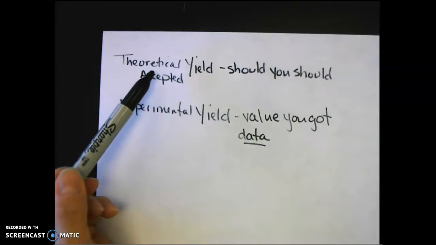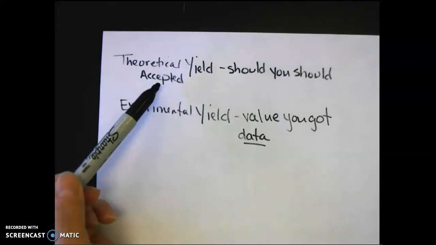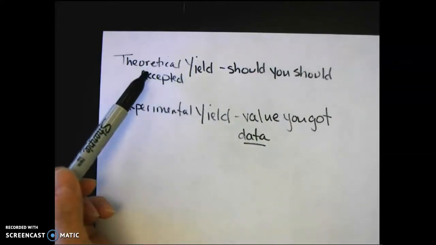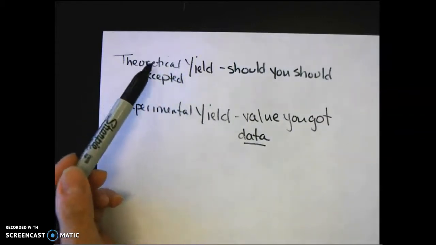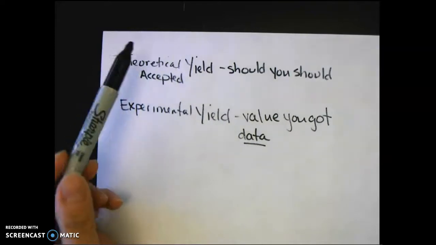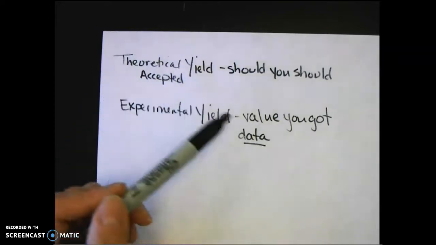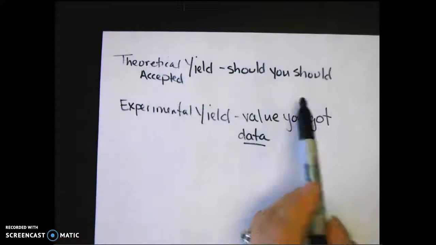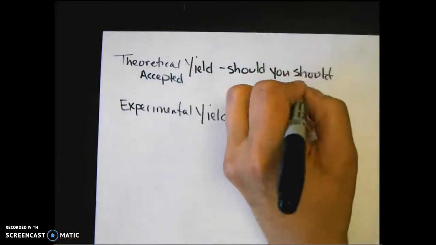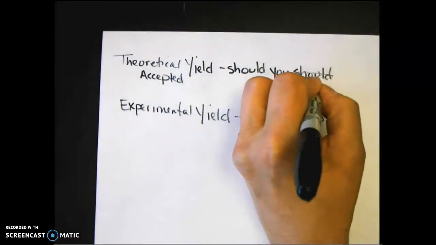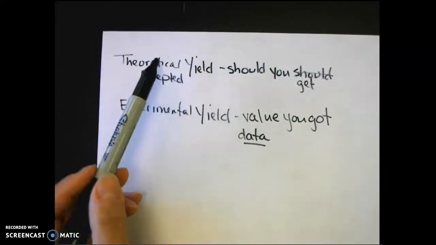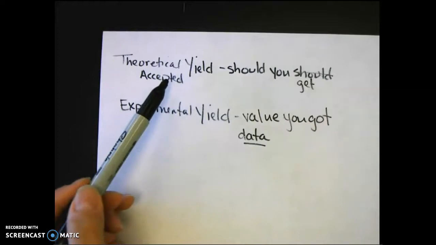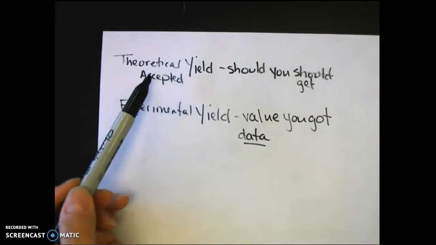Theoretical yield, or theoretical value, accepted value, oftentimes you can find online. But there are also going to be times when you actually can calculate the theoretical yield. That's not going to start happening until 2nd semester. Sometimes you can look that up in a table.